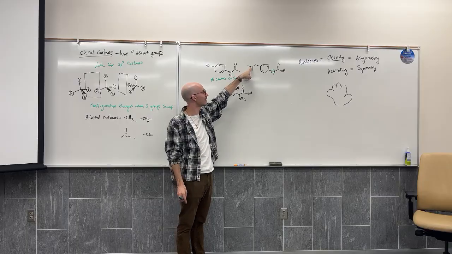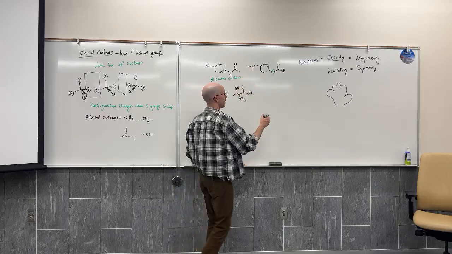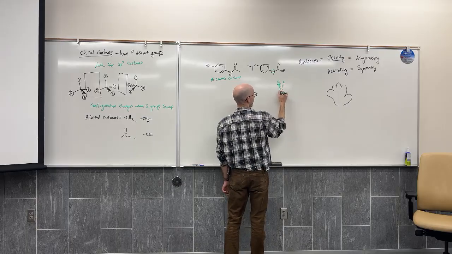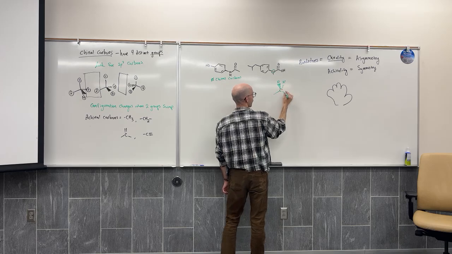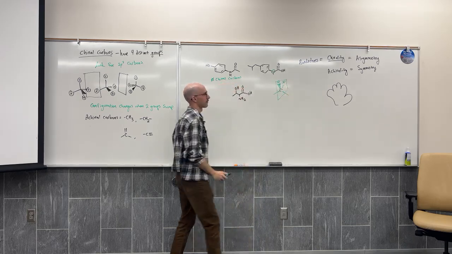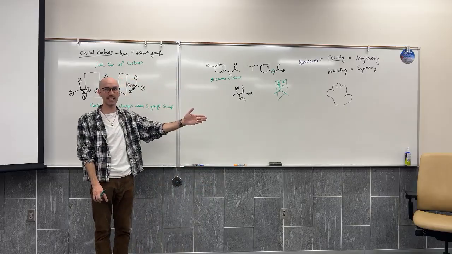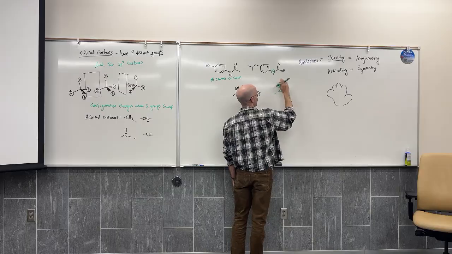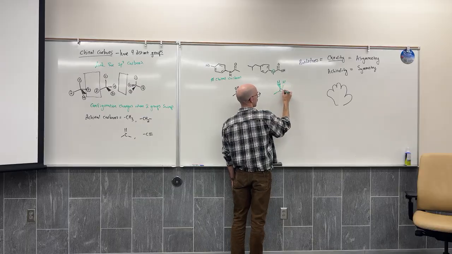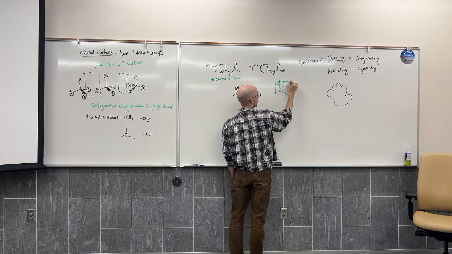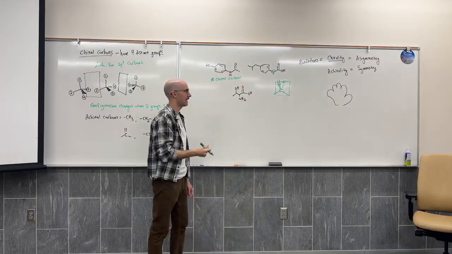For the same reason that a CH2 is achiral, the hydrogens are in plane with each other. Actually, I'm sorry, my plane of symmetry is wrong. Because the hydrogens are in plane with each other, there's a plane of symmetry that goes between them and reflects in.